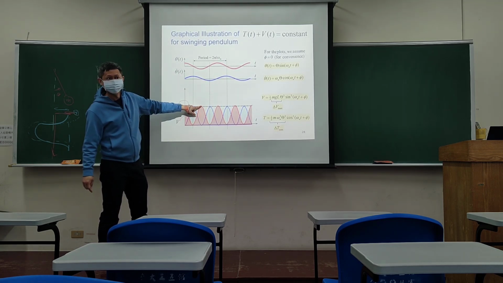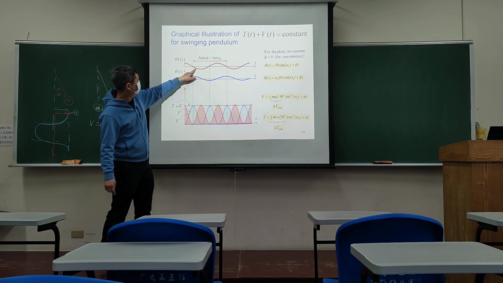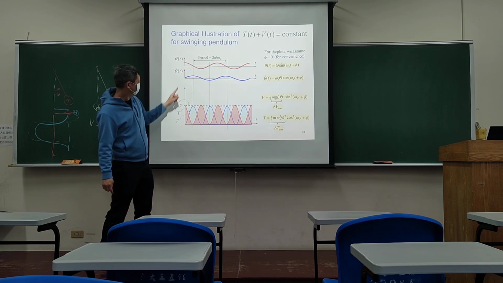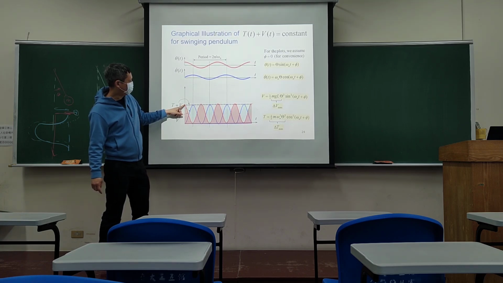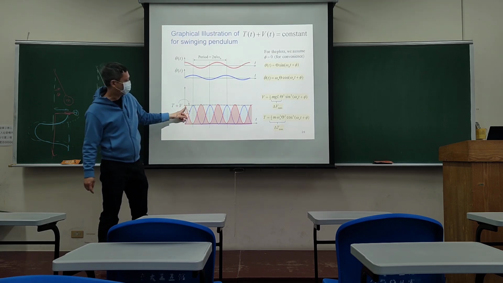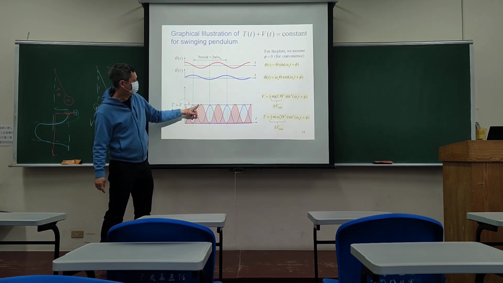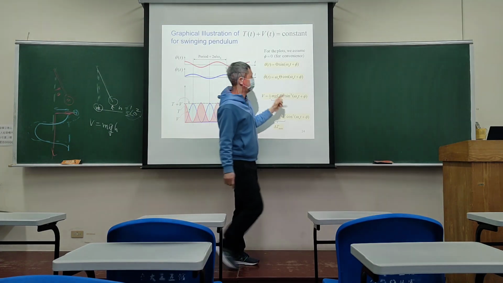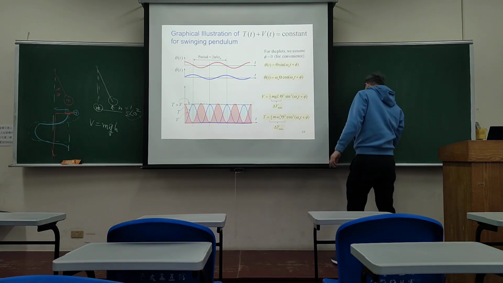So this is only half of the cycle, but the potential energy already changed by one cycle. Why is that the case? You see here, the angle is a sine function.